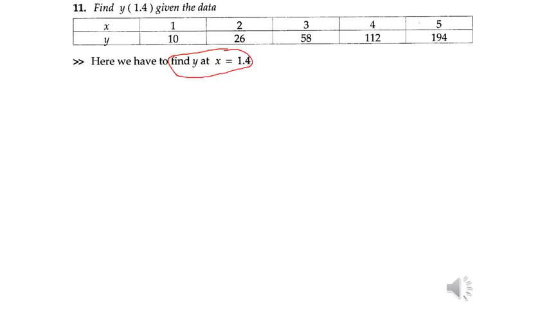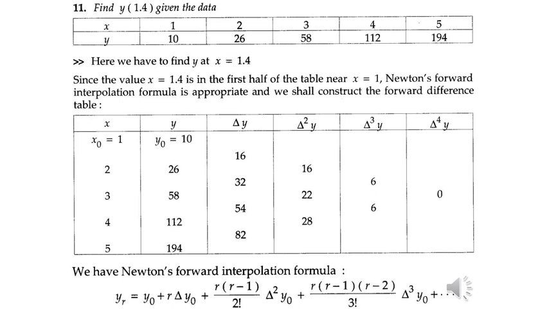Here, since the value 1.4 is in the first half of the table, that is near to 1, Newton's forward interpolation formula is appropriate, and we shall construct the forward difference table.